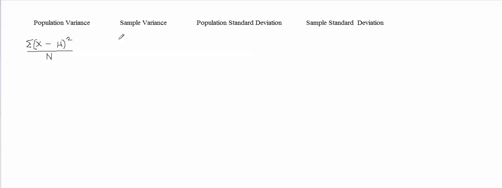Let's now talk about the formula for the sample variance. It's a similar formula, but some of the symbols are a little bit different. X still means an individual data value. It's x minus x bar squared over lowercase n.